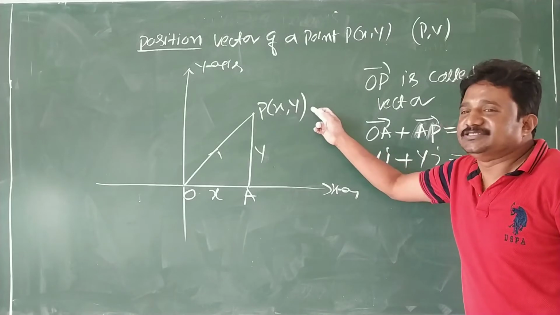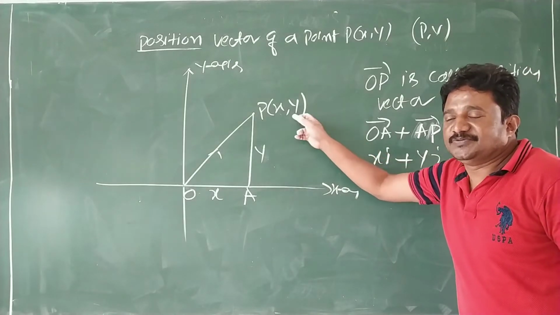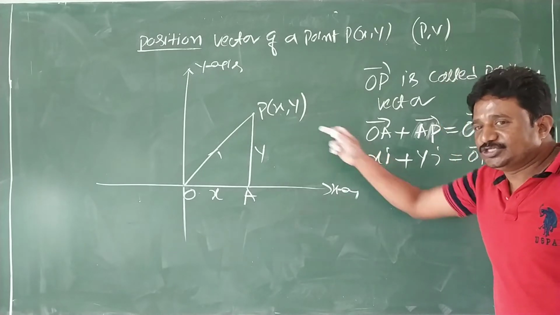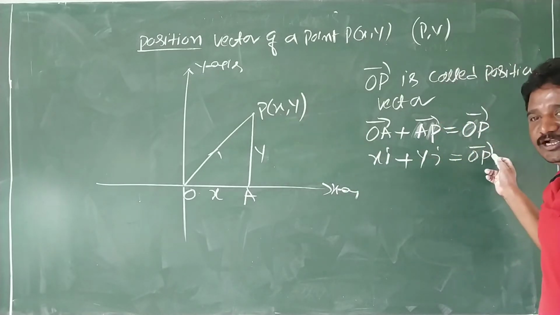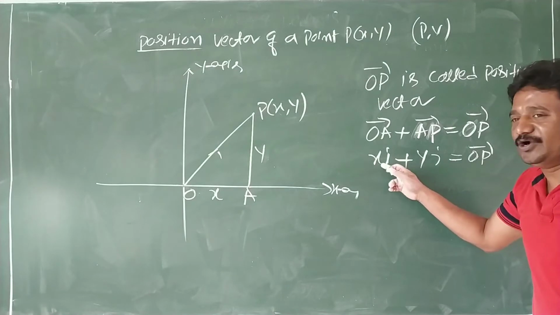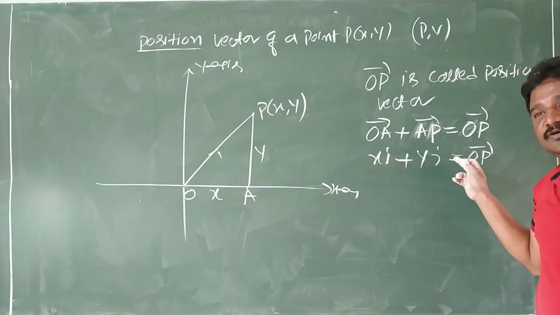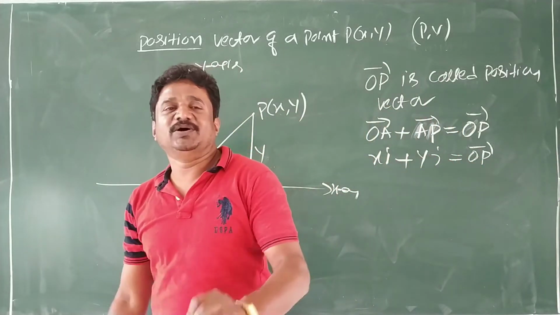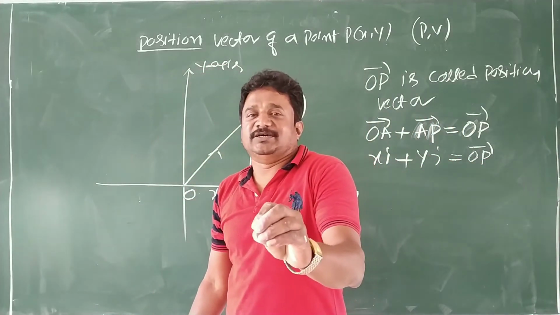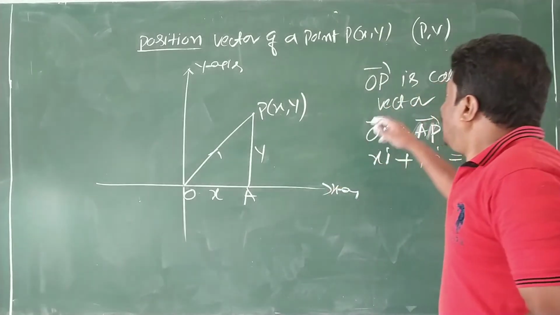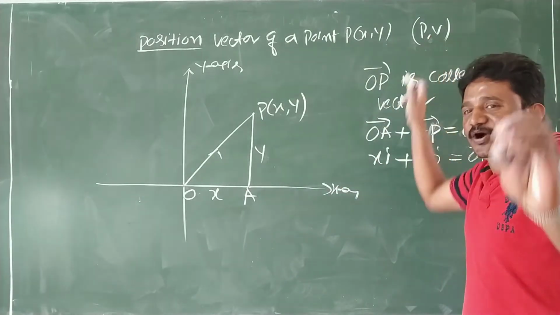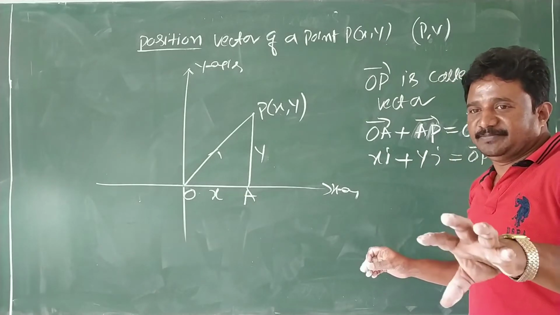Observe this clearly, students. If P(x, y) is any point, then the position vector of the point P is given by vector OP. Vector OP is equal to what? xi plus yj. From this it is so clear. Position vectors, PVs, are used to change points into vectors. Keep that in mind.